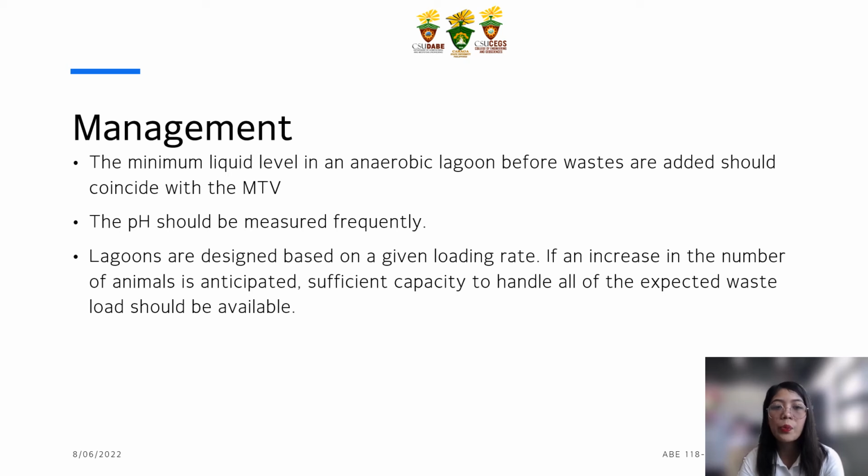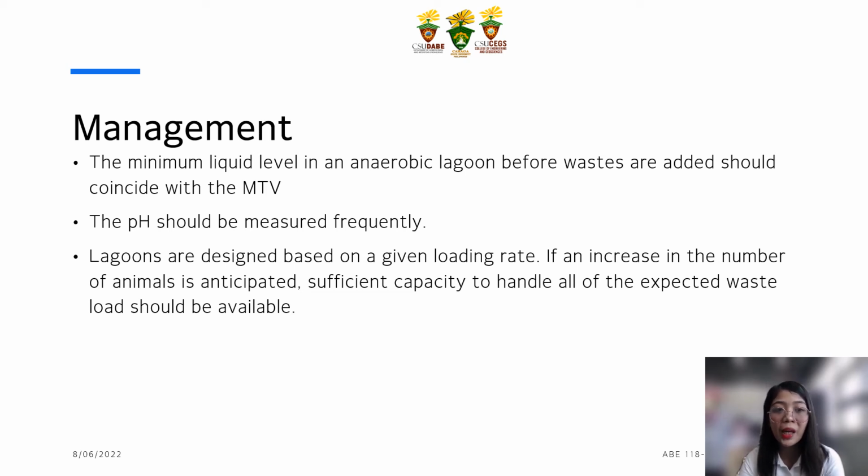A lagoon operates more effectively and has fewer problems if loading is by small, frequent daily inflow rather than by large, infrequent slug loads. Many problems associated with lagoons are related to pH. The optimum pH is about 6.5.